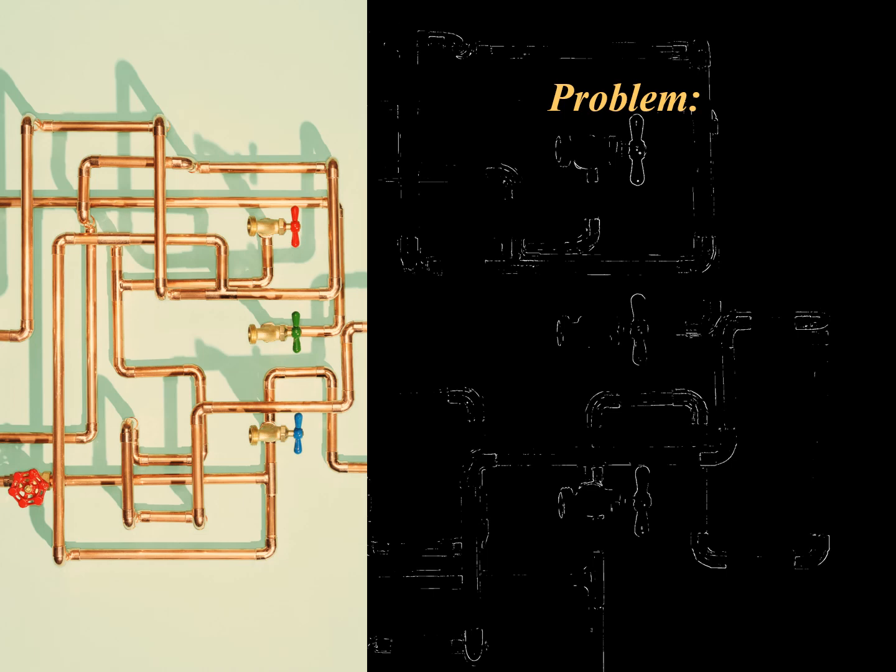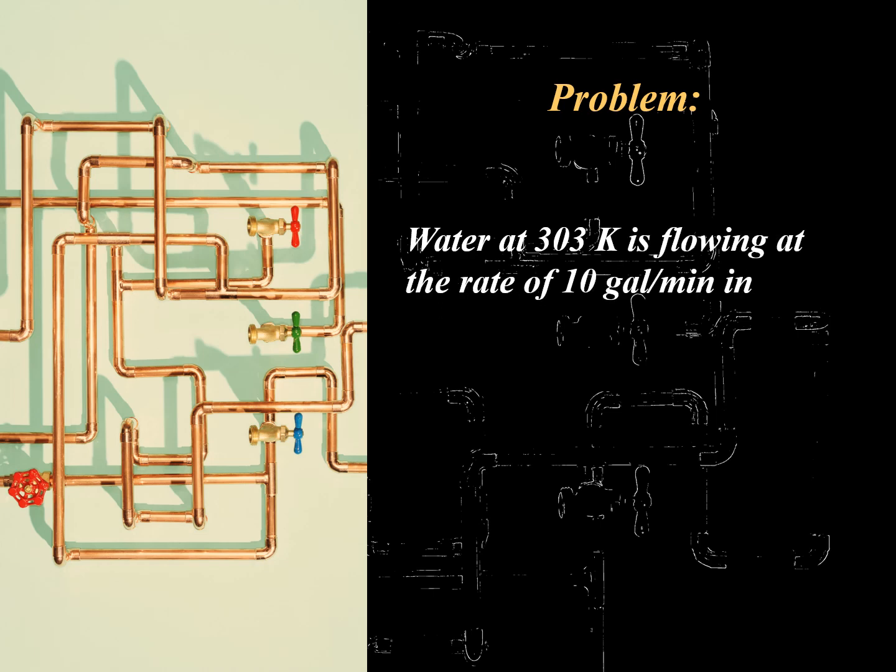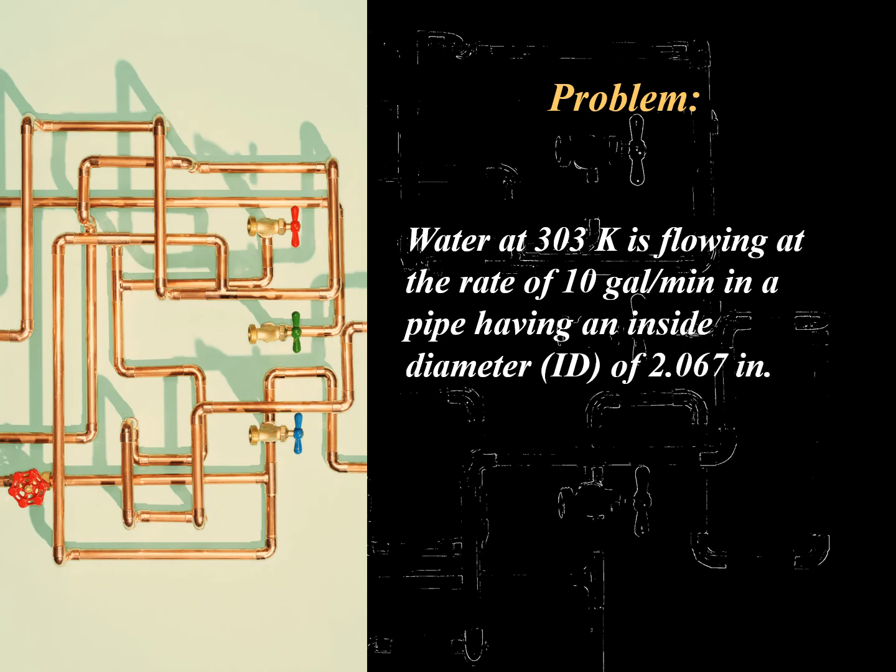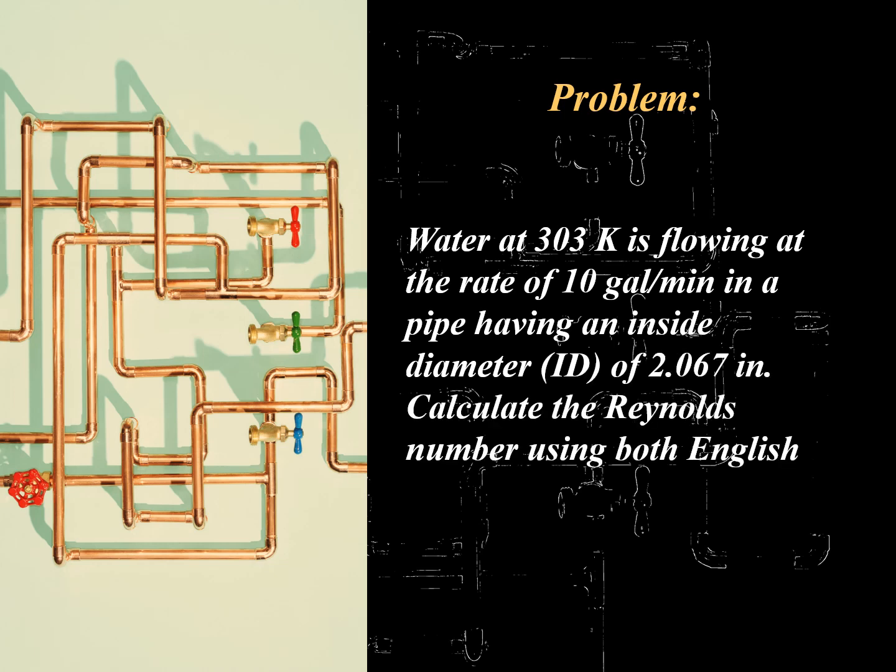The problem states, water at 303 Kelvin is flowing at the rate of 10 gallons per minute in a pipe having an inside diameter of 2.067 inches. Calculate the Reynolds number using both English units and SI units.